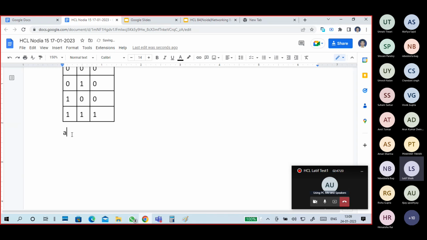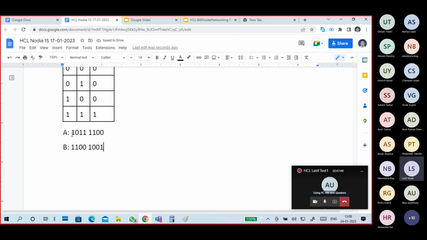Guys, take it. There are inputs. So how does it work? The input is like 1 0 1 1 1 1 0, 1 0 0, something you can put, no problem. 1 1 0 0, 1 0 0 1.